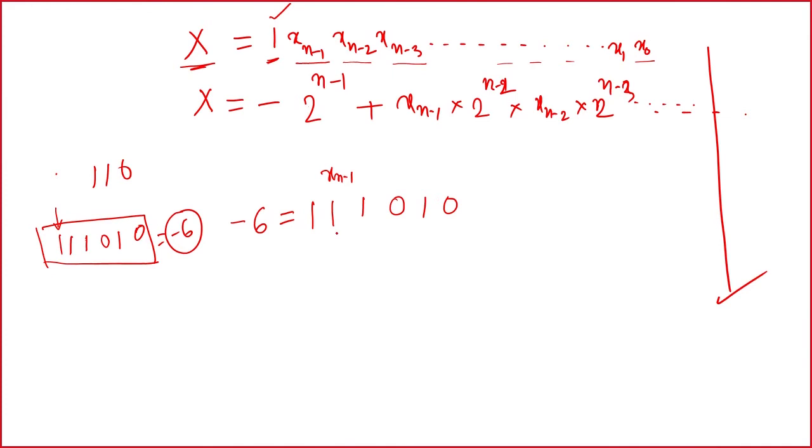So for any negative number the sign bit is 1, then x n minus 2, x n minus 3, x n minus 4, x n minus 5, and the last is x 0. So, we are considering the n bit representation.